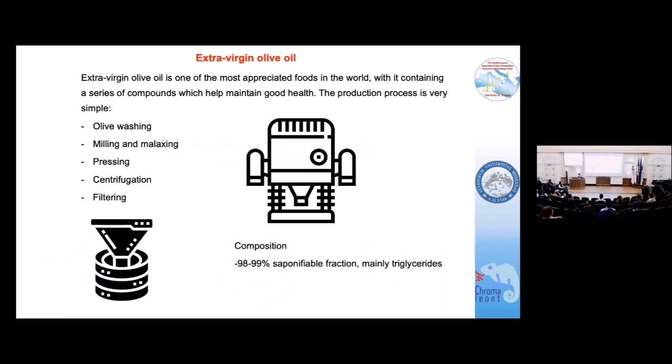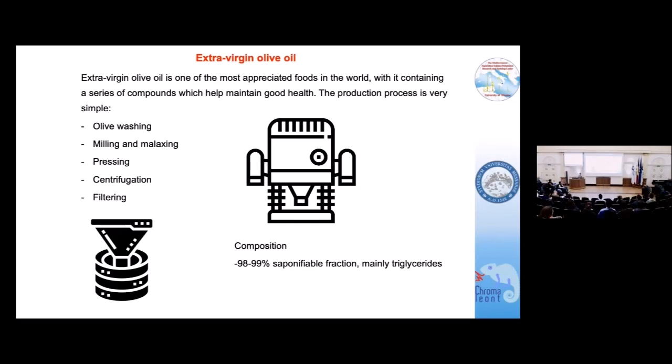Starting, I will give you some information regarding the samples, the extra virgin olive oil. These are very important food products, especially for Italy, because there are a lot of healthy, good reasons to have a very good extra virgin olive oil. Regarding the production, it is obtained only using mechanical processes, starting from milling, pressing, and so on.